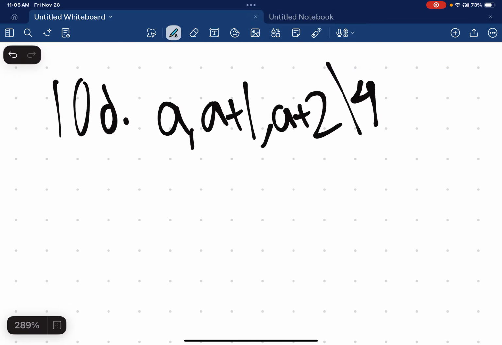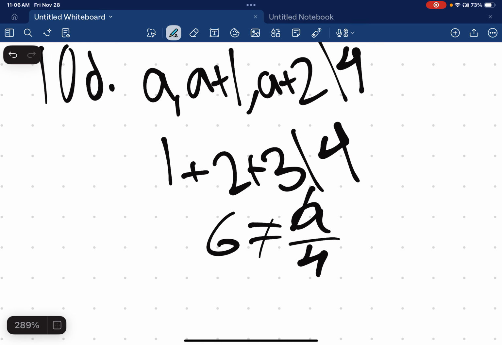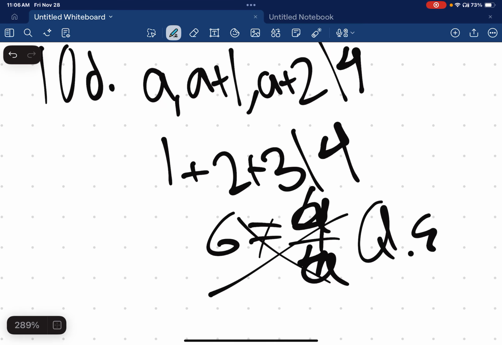Let's just go ahead and choose a random number. Let's just say 1. 1 plus 2 plus 3 is divisible by 4 according to this, but 6 is not divisible by 4. So that's just not true. QED.